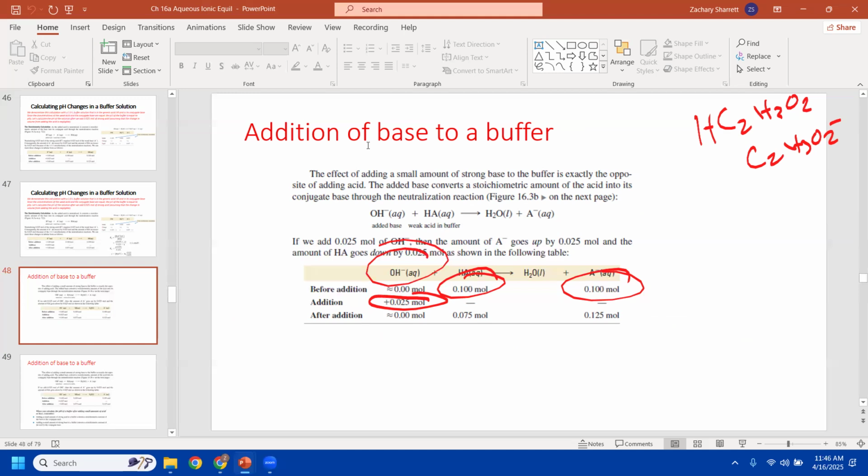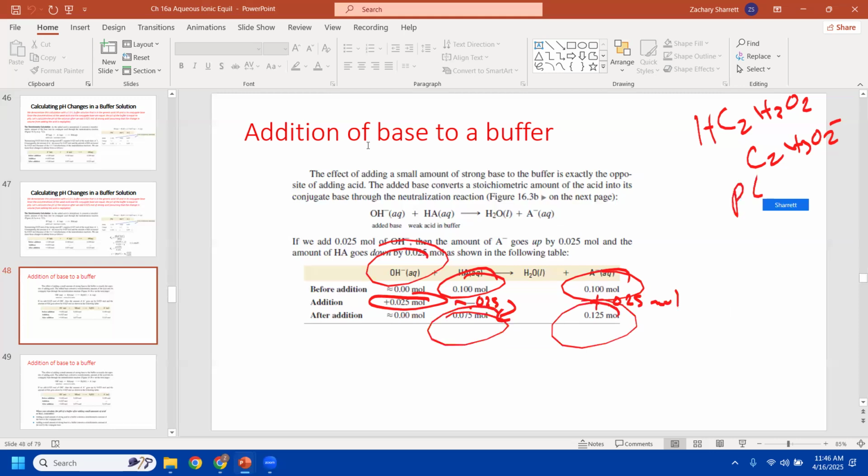The OH minus reacts with the HA. The HA donates its proton to the OH minus. That makes water. Does water affect our equilibrium? No. But the HA lost its H, so it became A minus. So we say we lose 0.025 moles of the HA and we gain 0.025 moles of the A minus. And now we have the thing with our ratio.